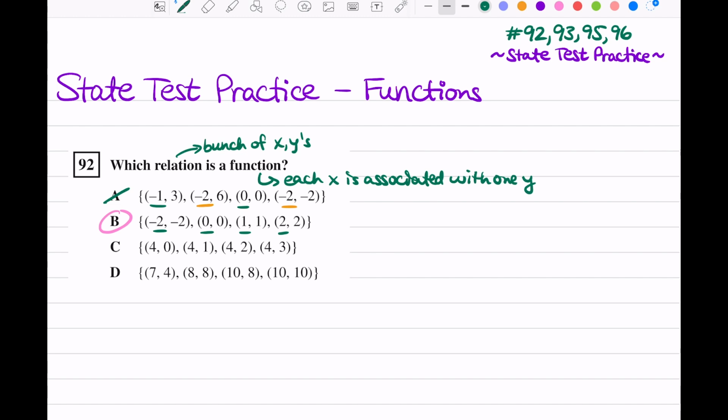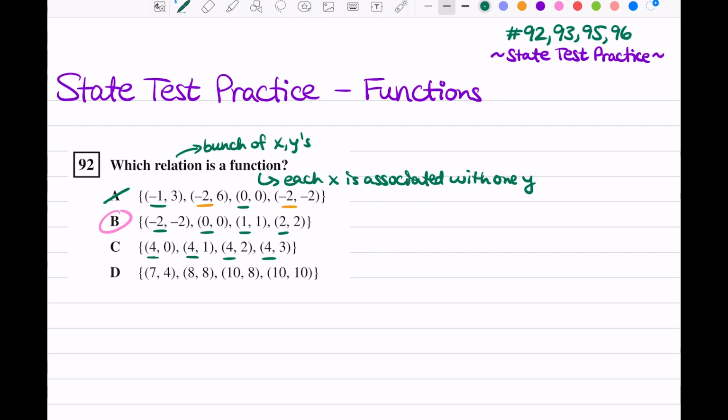Option C, we can see that x equals 4 is associated with 4 different y values. We could say 4 is related to 0, 1, 2, and 3. Those are the y values. But we don't have a function here because our x, which is 4, is associated with more than one y. Think about our vending machine example from our lesson on functions.